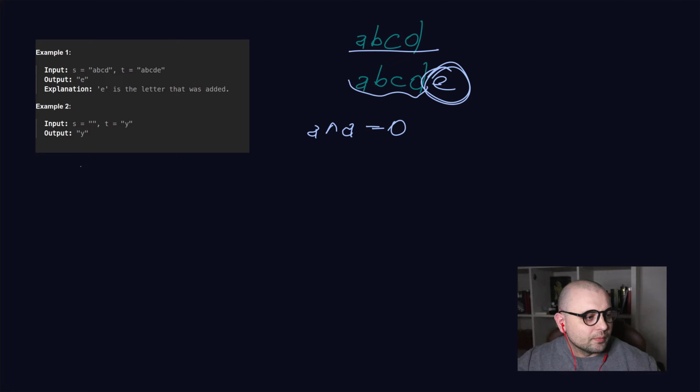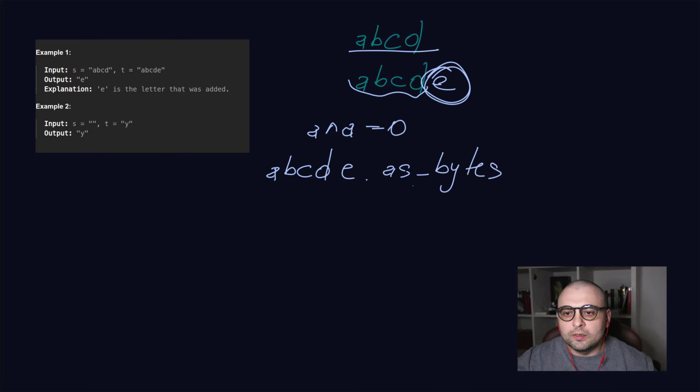But we may have some difficulties to implement it. So first, I guess I'll use the binary form, or bytes. So I'll have A, B, C, D, E as bytes, and we can do a similar thing for the first one.